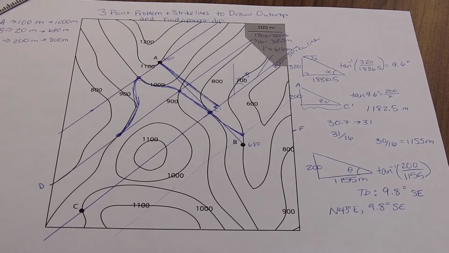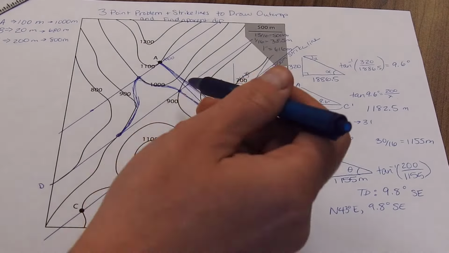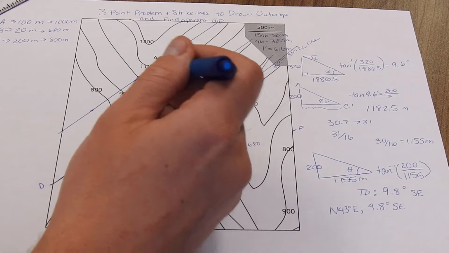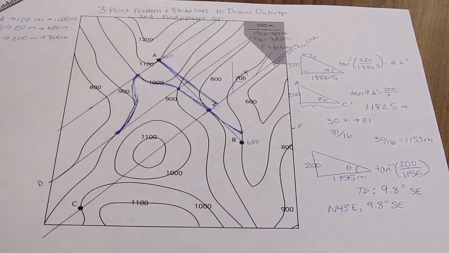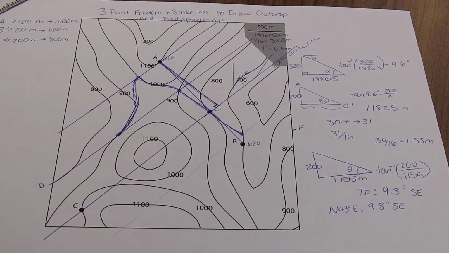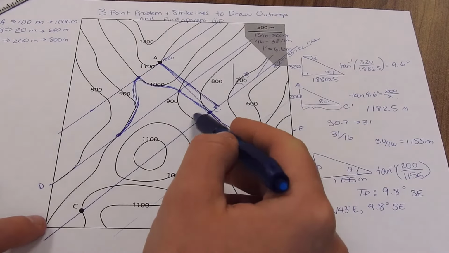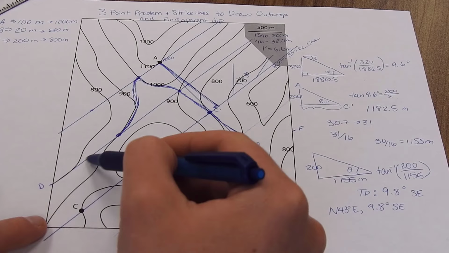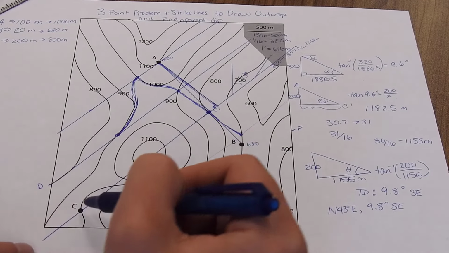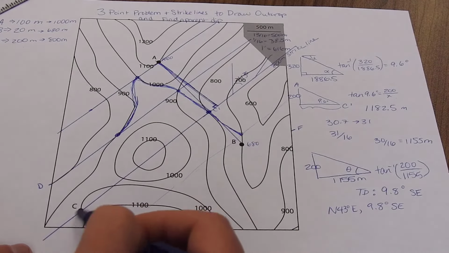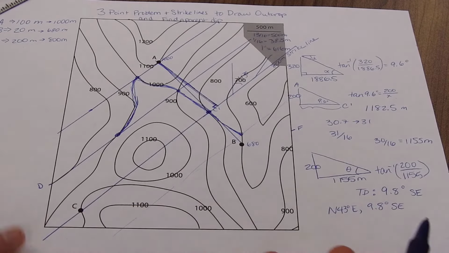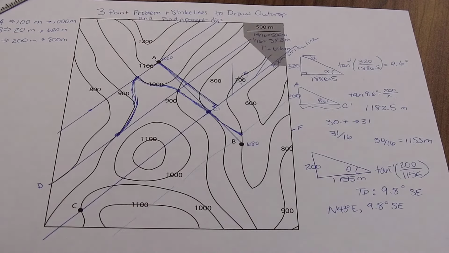It's probably not exposed. Maybe it goes underground and then peaks back up over here and comes down. Okay, and here it's under, because this is 800, so this is 1,000. It's way underground at this point. So we wouldn't see it at the surface.